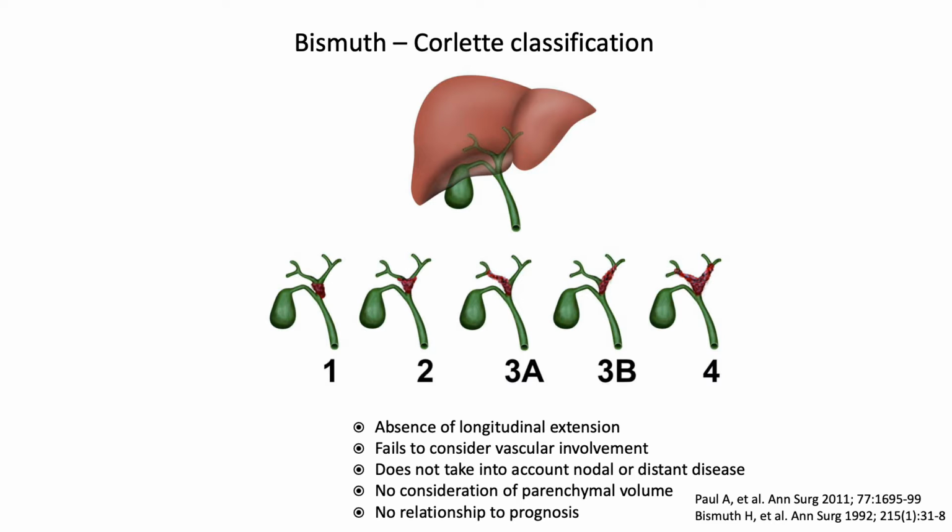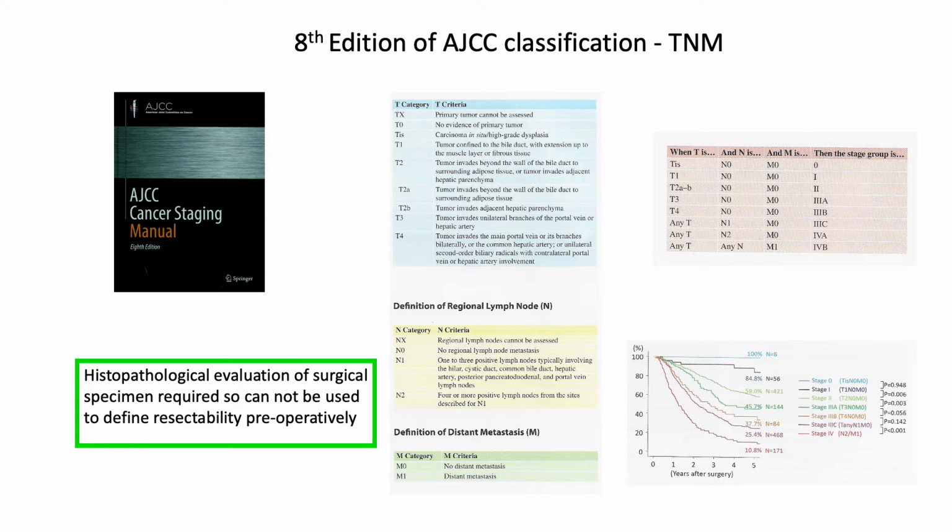It can be broadly classified into 5 different groups. The issues with this classification is that it does not take into account the longitudinal extension of the tumour. It fails to consider vascular involvement, does not take into account any nodal or distant disease, and does not consider the parenchymal volume. Also, it has not been shown to have a relationship with the patient's prognosis.